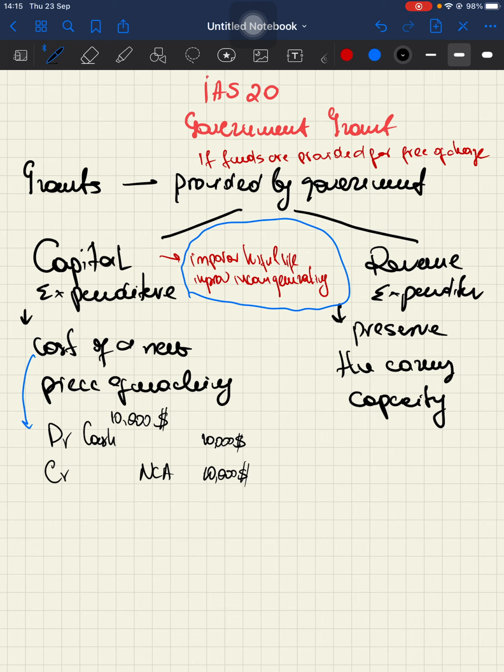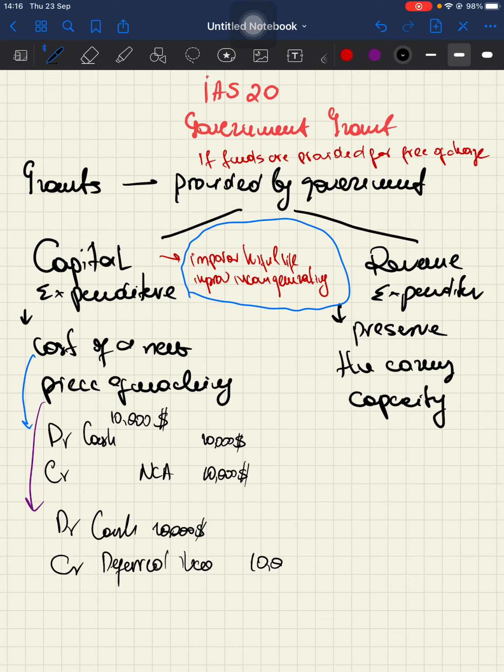Or we can treat the amount received as deferred income. Debit cash, for example, 10,000, and credit deferred income, which is the requirement of the accruals concept in the conceptual framework.